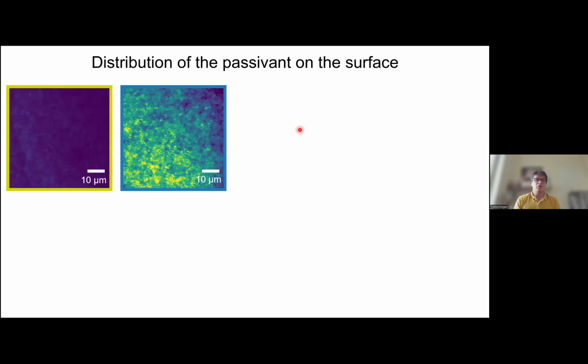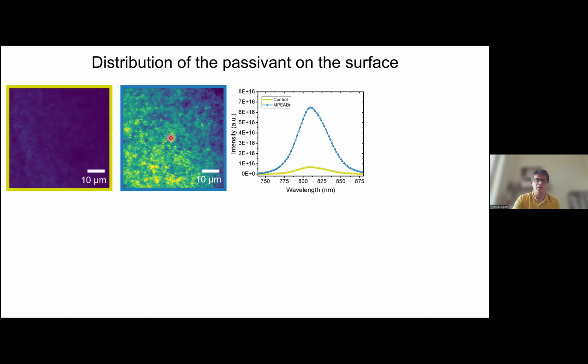And also in this case, we started with an analysis in the XY axis, so to observe where this organic salt is located. And what we observe first is an enhancement in the emission at 810 nanometers.